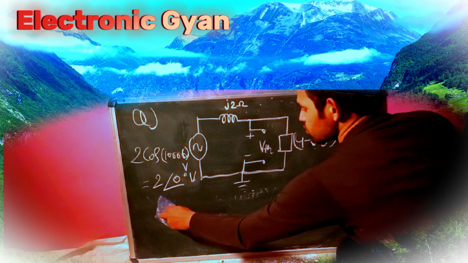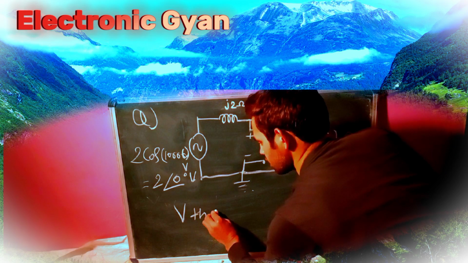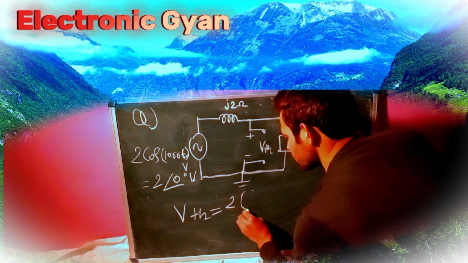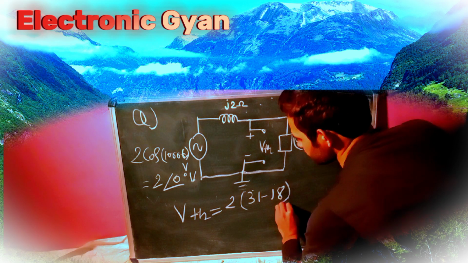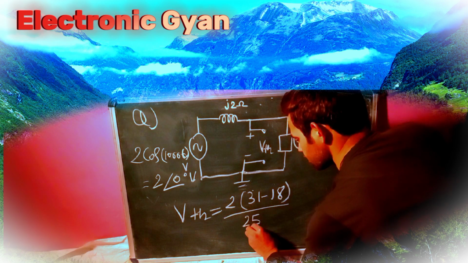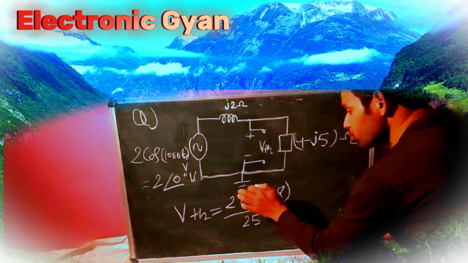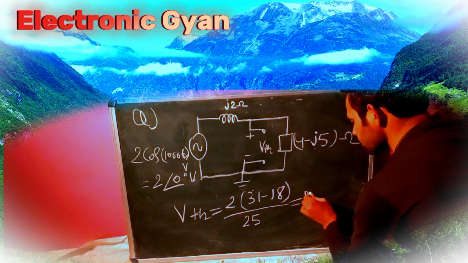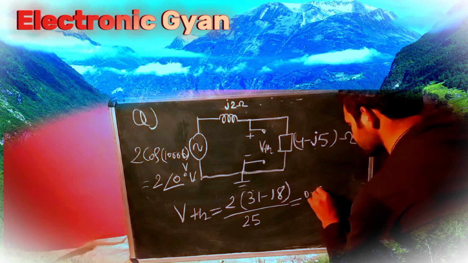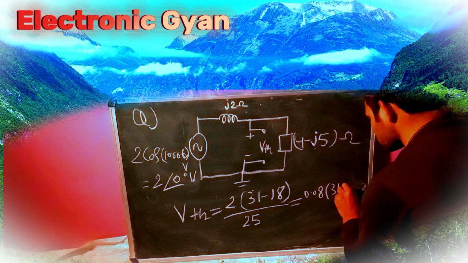So VTH is 2 into 31 minus j8 divided by 25. If you see, 1 by 25 is nothing but 0.04, and 0.04 into 2 is 0.08. So this is 0.08 into 31 minus j8.